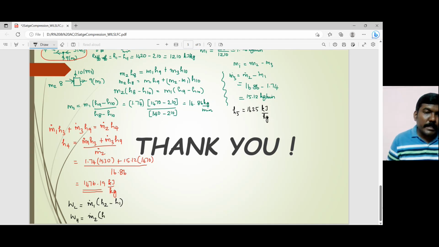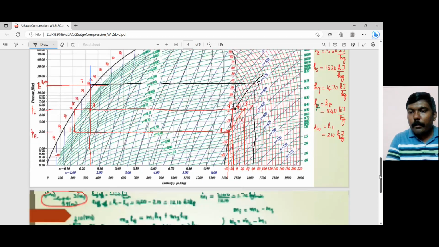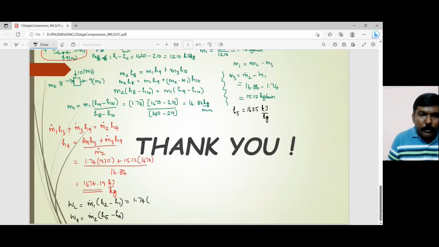So M2 times H5 minus H4. So here we have 1.74 times H2 minus H1. Let's look at the values. 1560 minus 1420. So that is your value for H2 minus H1.